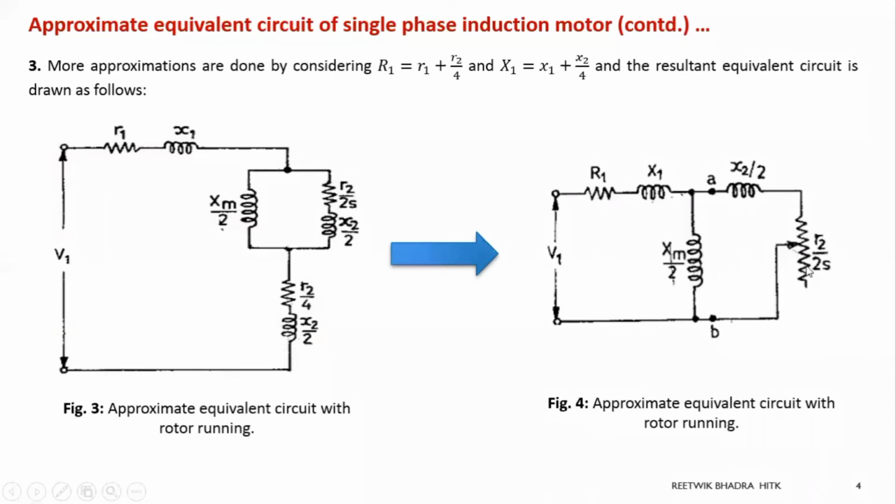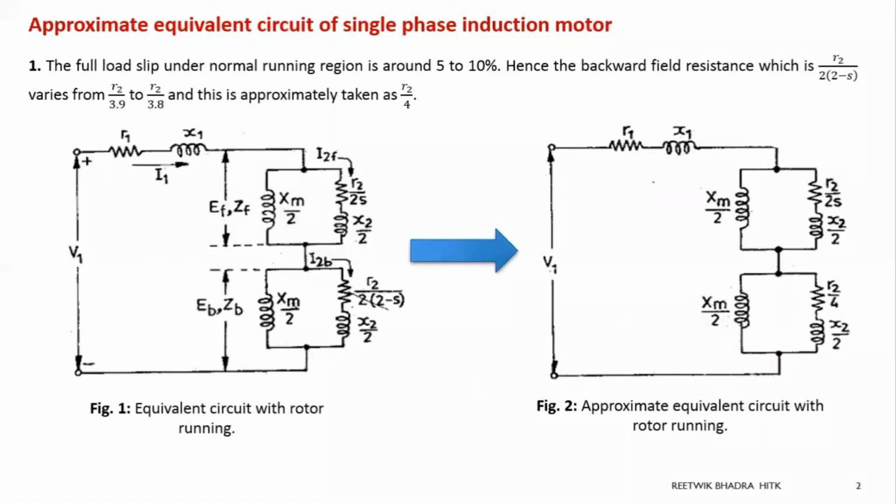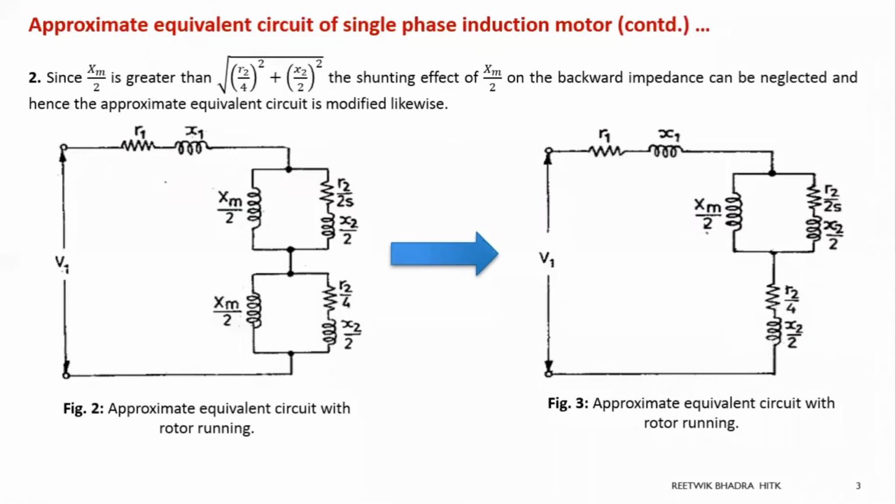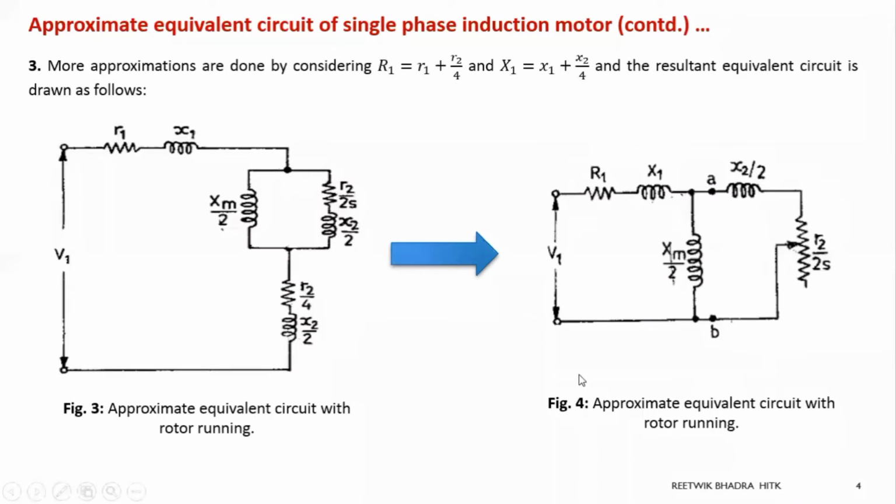This was X2, this was Xm, this was R2 by S. But this looks similar to our three-phase induction motor. Okay, so why are we doing this approximation? We are trying to bring this approximate circuit to look closer or similar to the three-phase equivalent circuit, which looks like this. So we are making some approximation.